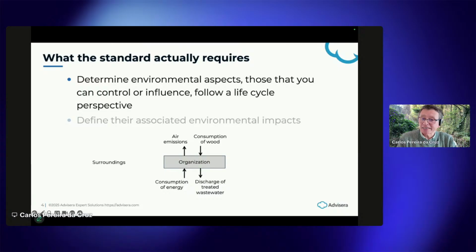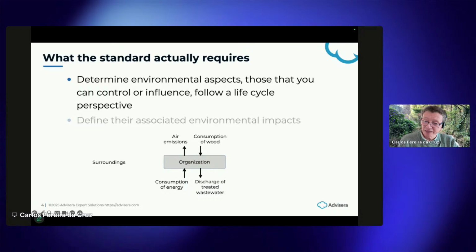Okay. So as an example, we have in here air emissions, consumption of wood, consumption of energy, and discharge of treated wastewater. Just examples. Now, after that, so you determine the aspects. Okay. That it's like what crosses the border, what crosses the fence between the environment and your organization.